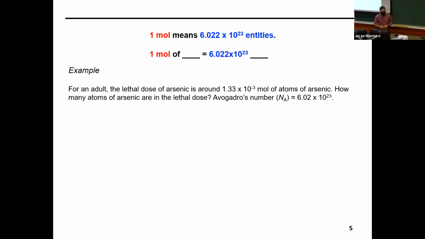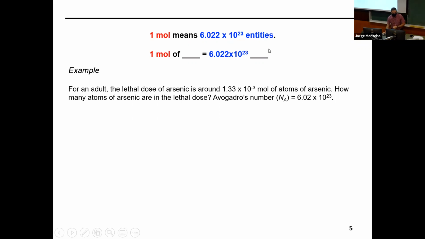For an adult, the lethal dose of arsenic is around 1.33 times 10 to the minus 3 mole of atoms of arsenic. How many atoms of arsenic are in the dose? And here, Avogadro's number is 6.02 times 10 to the 23rd.